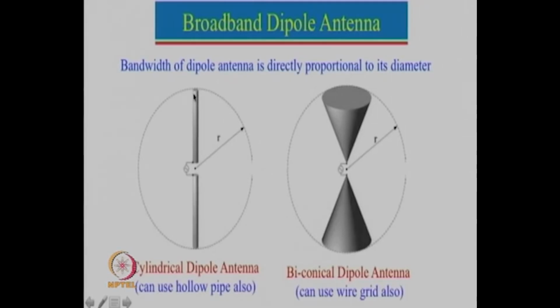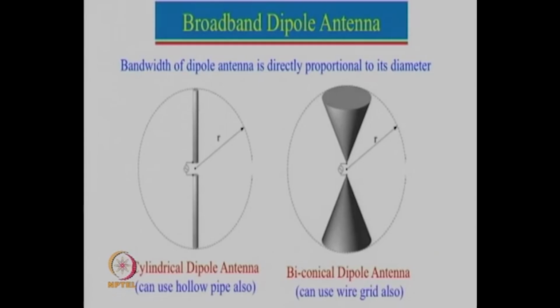Assuming that circumference becomes almost as high as say lambda. If it is lambda, then the field variation will be 0 plus 0 minus 0, and then the entire variation will be there.